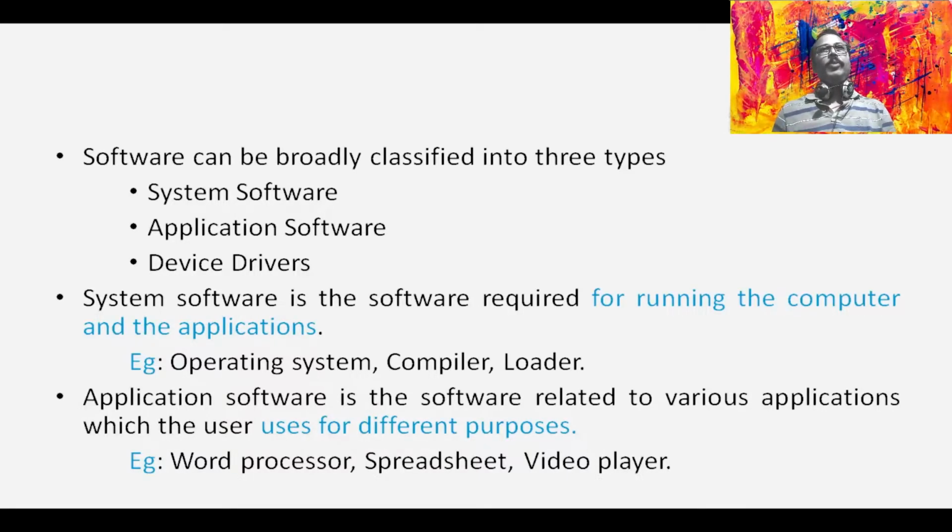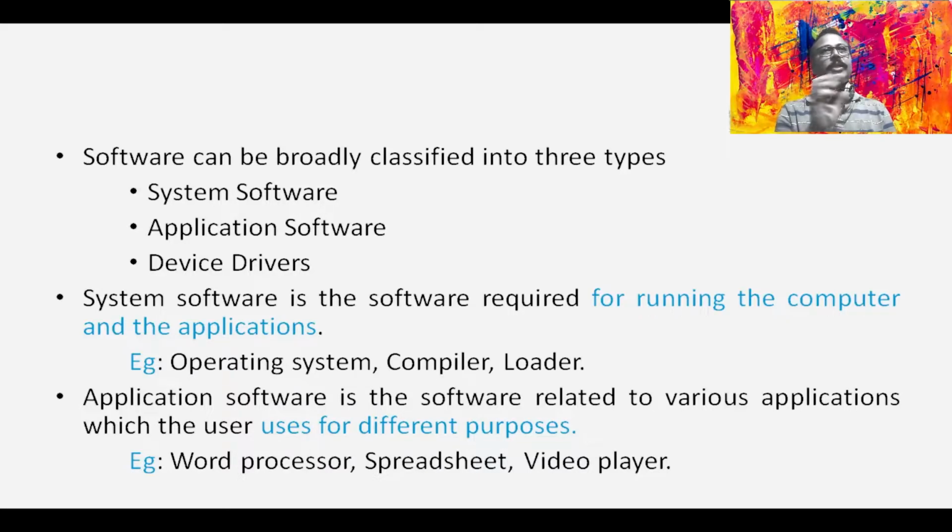Software can be broadly classified into three types: system software, application software, and device drivers. System software is the software required for running the computer. As the name indicates, system refers to the computer, so it is computer-related software, which makes you use the computer.